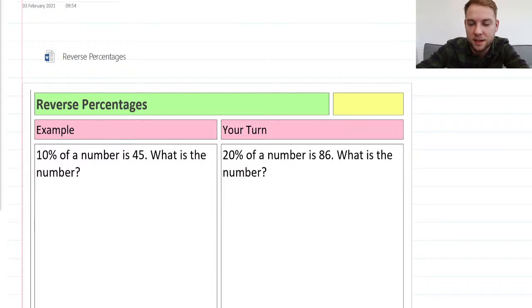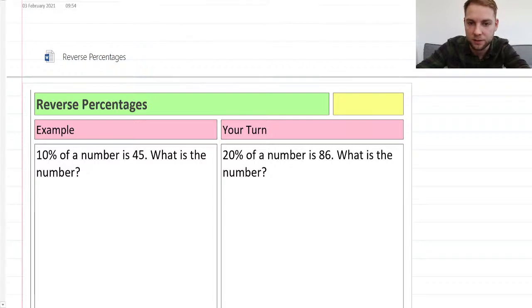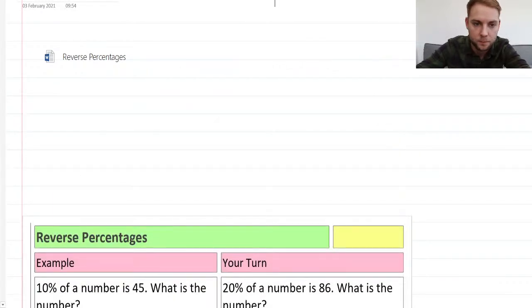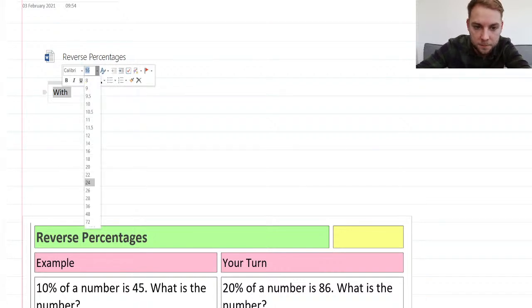So let's write a little sentence so we know our definitions. Write this down for me.